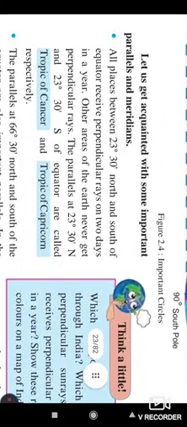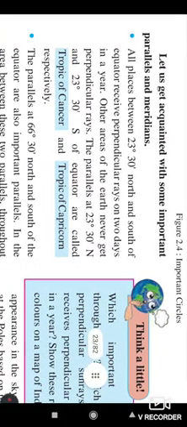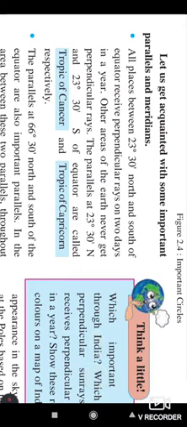Okay, let us get acquainted with some important parallels and meridians. All places between 23 degree 30 minutes north and south of the equator get perpendicular rays 2 days in a year.